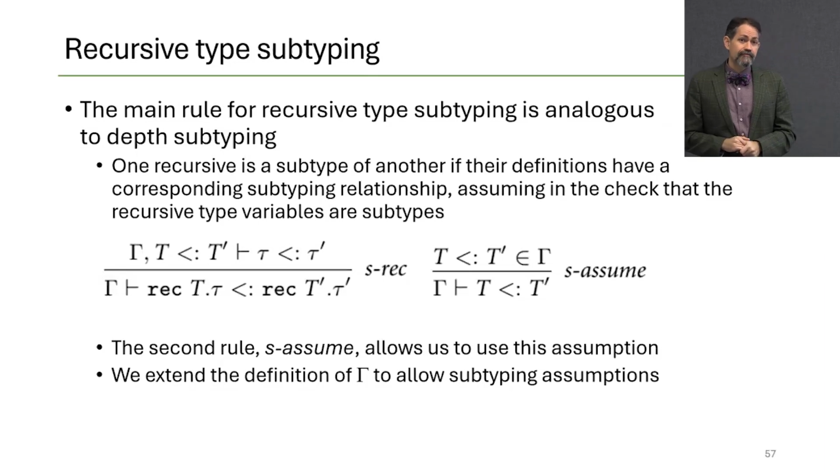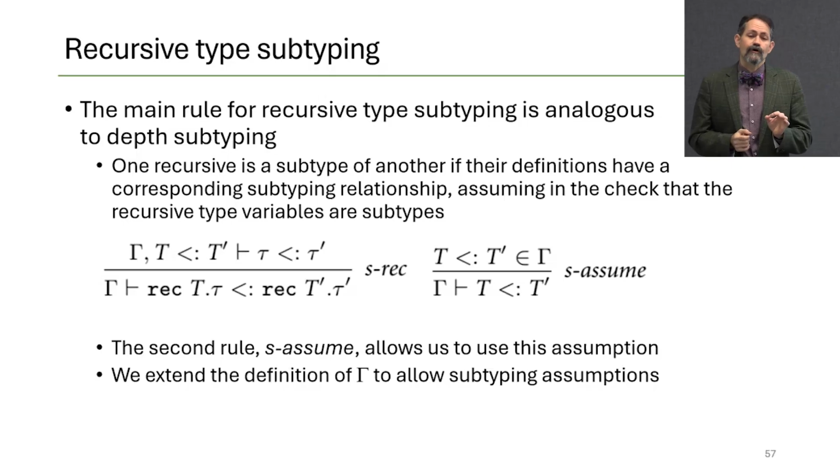Let's think about subtyping. So the main rule for subtyping between recursive types is basically just analogous to depth subtyping. So if we have two recursive types, one will be a subtype of another if the definitions on the right-hand side are in that same subtyping relationship, right? So that's what the premise of our S recursive rule says.